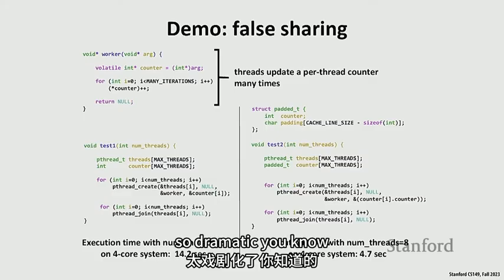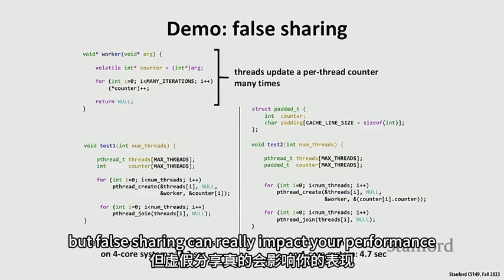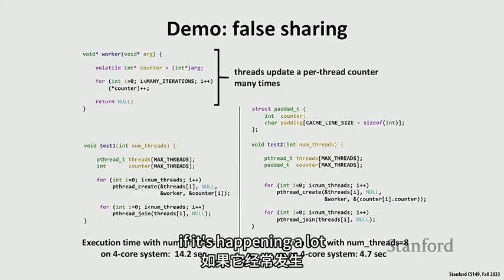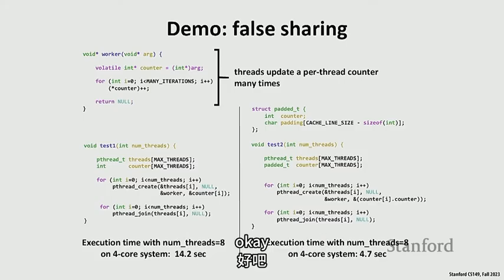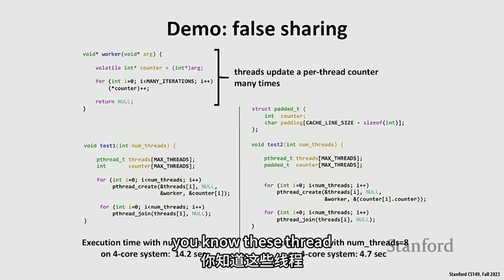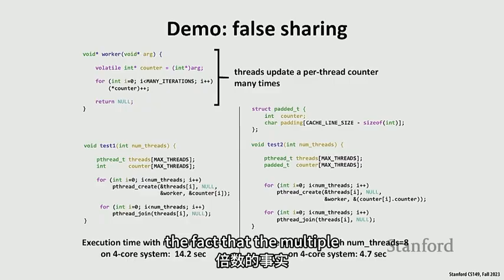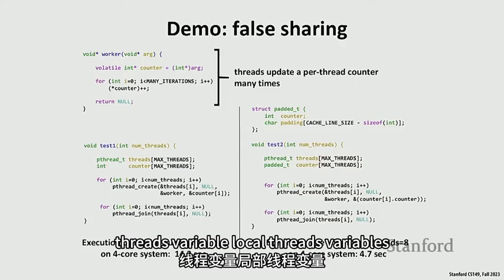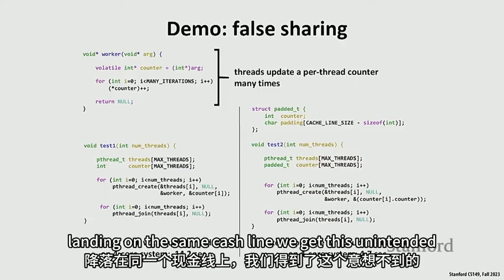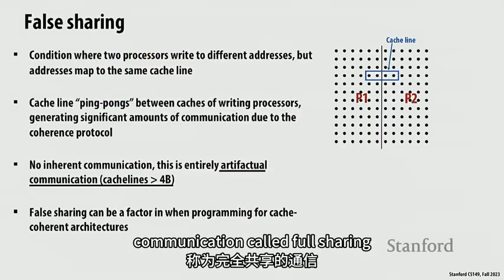So dramatic, of course, this is a contrived situation, but false sharing can really impact your performance if it's happening a lot. That's an example where the thread data is actually all independent, but because the multiple thread-local variables are landing on the same cache line, we get this unintended communication called false sharing.